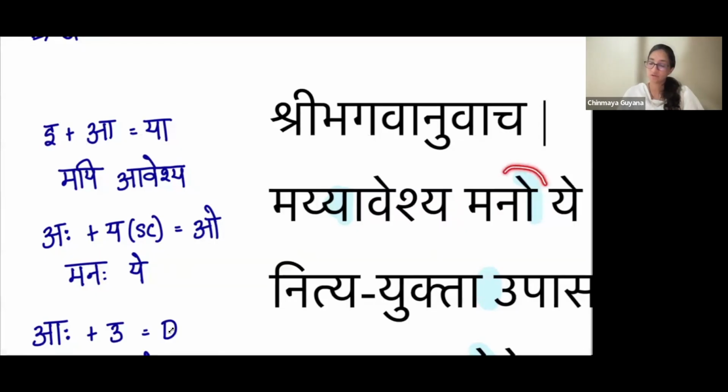So this O is going to turn back into its visarga. Actually, visarga sandhi is easier than vowel sandhi once you get the hang of it. Some people are smiling, means they agree.